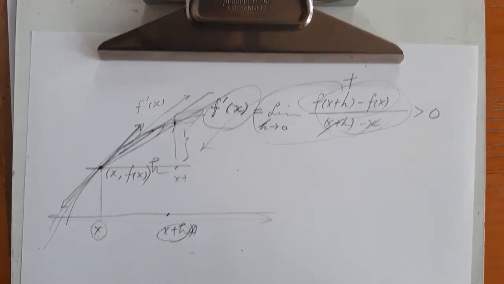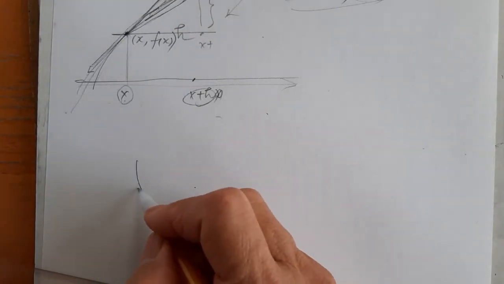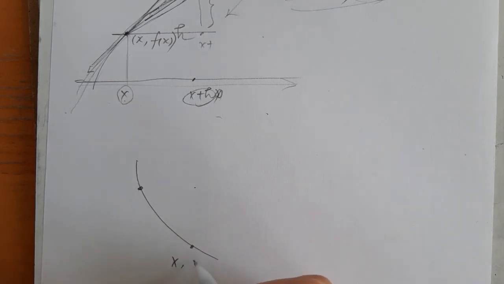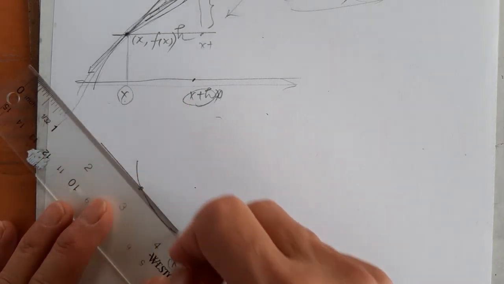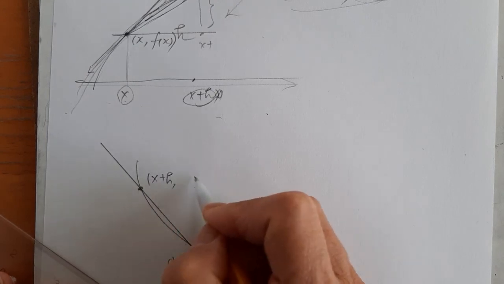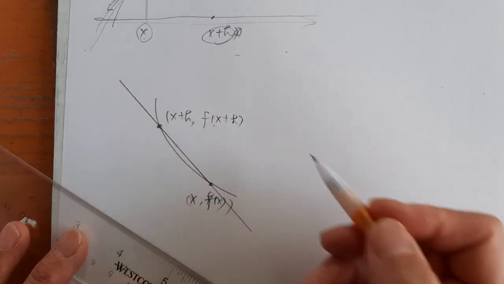And the other one, if a decreasing function, this point is x, f of x. First of all there is a secant line, and this point is x plus h, f of x plus h.